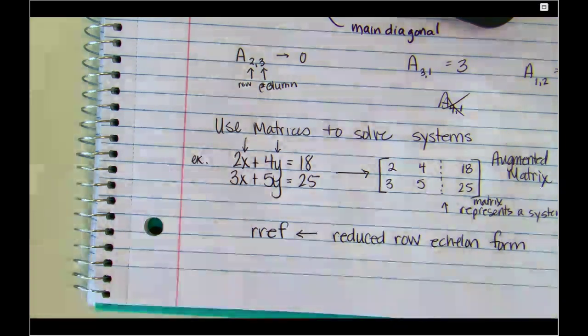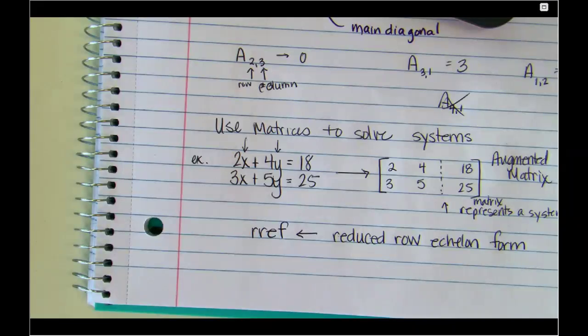So the RREF stands for reduced row echelon form. Okay, what that means, you don't have to know it. But I want you to be careful because when you use that matrix menu, right above that was REF. Okay, you need the double R because it will not solve it fully.